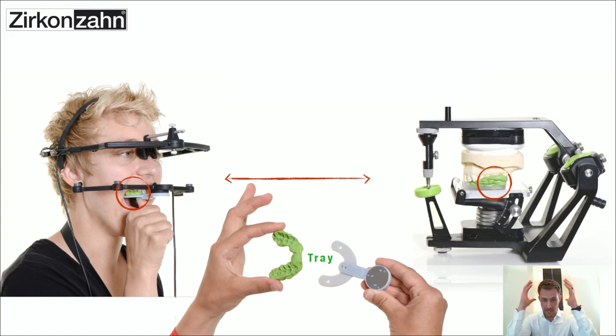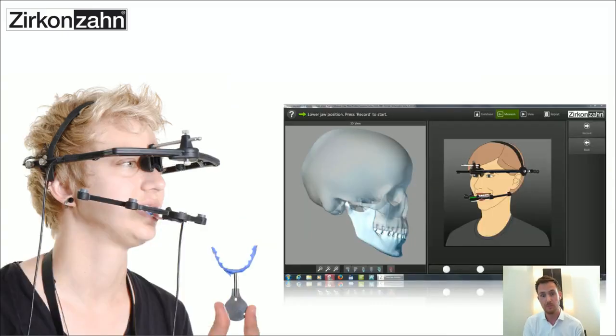Because this is also a kind of device you attach to the patient's face or head. You don't really have registration landmarks, but we are able to register the whole patient with their natural head position, in their unique head position in that device, to start the whole recording workflow very accurately.